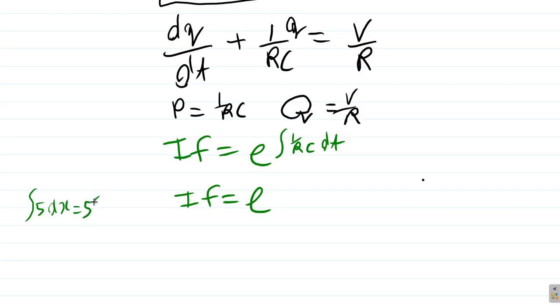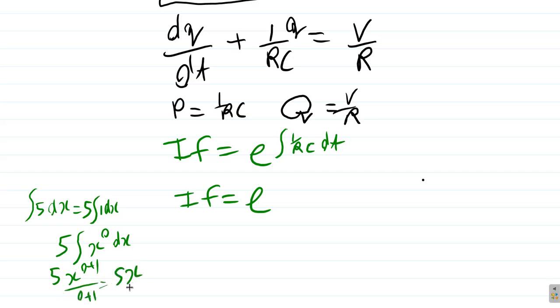It's like 5 times the integral of 1 dx, so it would be 5 times the integral of x to the 0 dx. Just to recall, that's 5 x to the 0 plus 1 over 0 plus 1, which is 5x to the 1 over 1, which is just 5x.